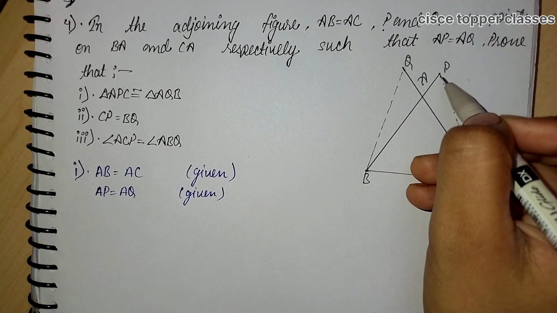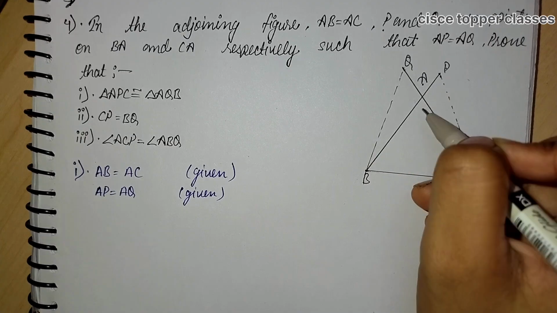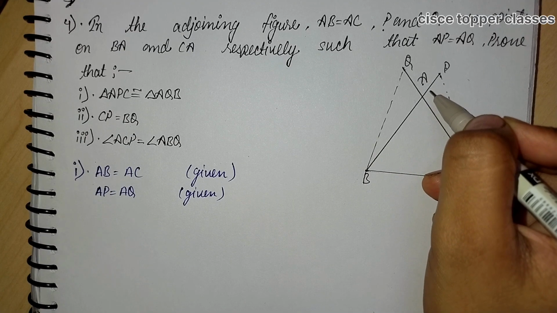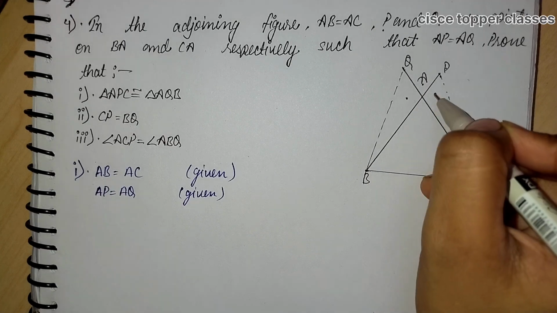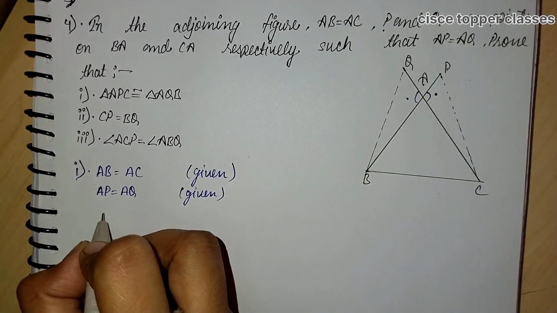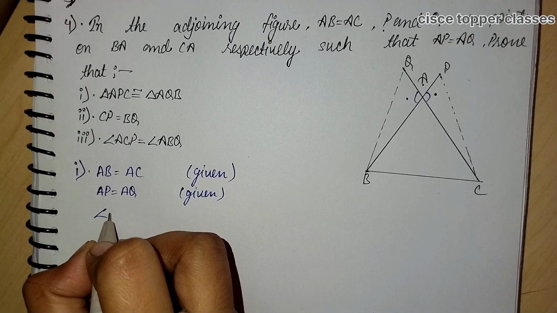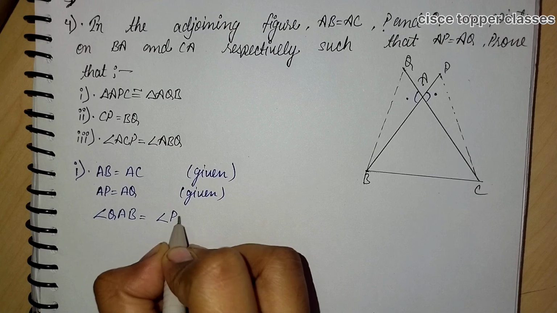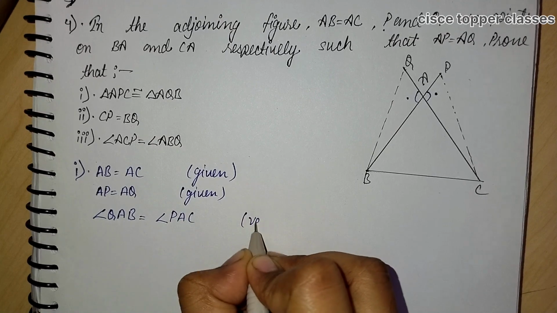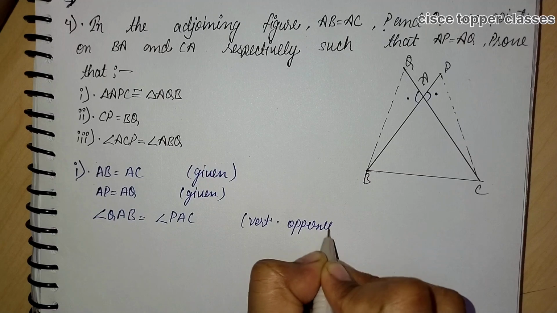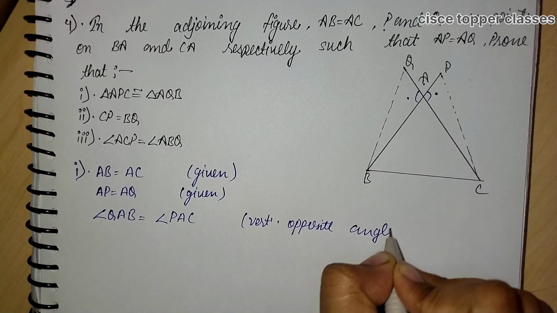And P and Q are points on BA and CA. So the angles at A opposite to each other are vertically opposite angles, so these angles are equal. So we can simply write angle QAB is equal to angle PAC from vertically opposite angles.